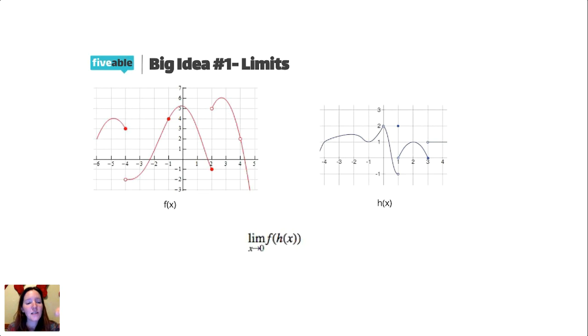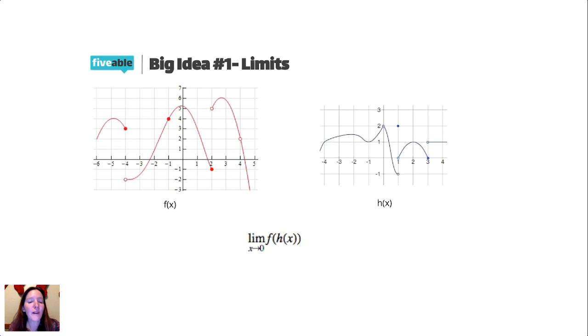The idea here is composition of limits, and these ones are kind of weird. It wants you to start to think about things that are different than your standard plug-ins, your standard looking at a graph and finding the limits. So I'm just going to give 2 kind of hard examples here. This is the limit as x approaches 0 of f of h of x, and I've given you graphs of f of x and graphs of h of x.